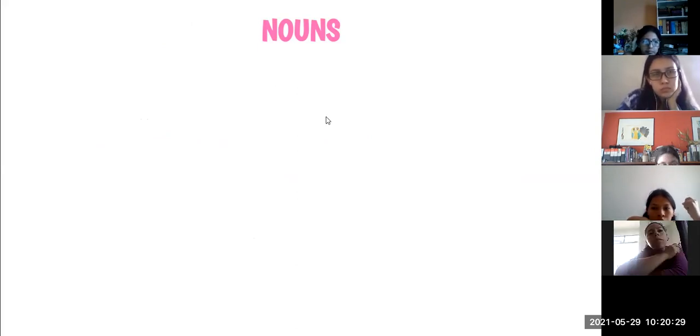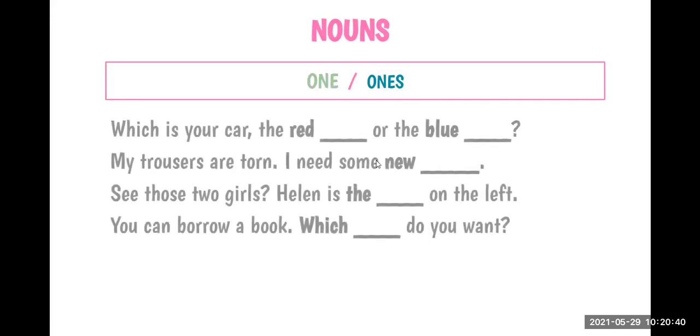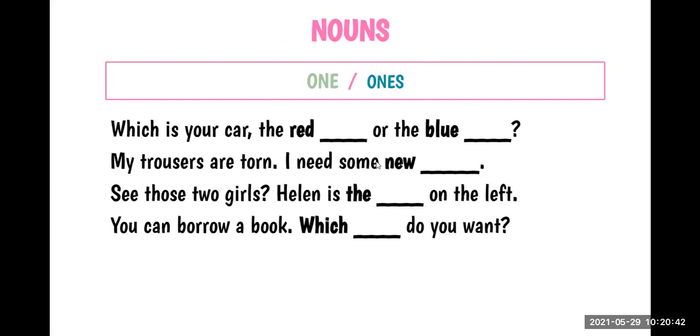So here we have one and ones, okay? And here we have some sentences. We can use one and ones when we want to substitute nouns, okay? And I want you to help me to complete these sentences with one or ones. Okay, for example, number 1, which is your car?